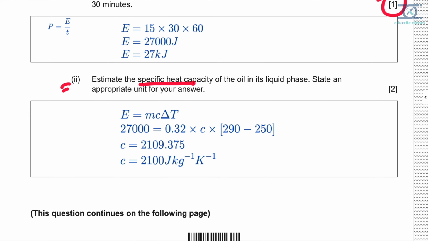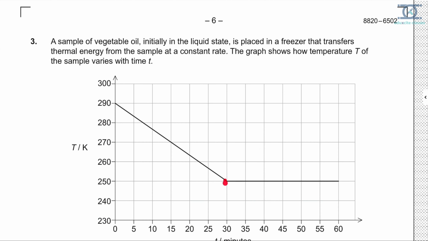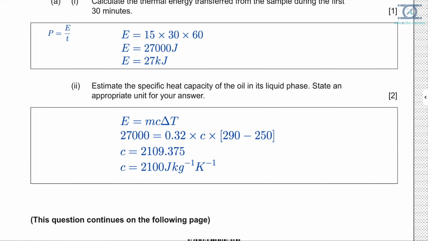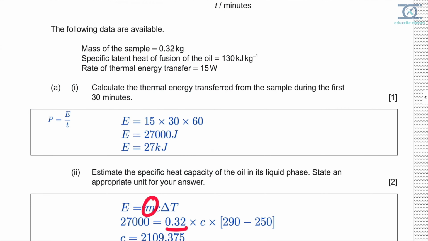Second, specific heat capacity we have to find out for the liquid phase. Okay, so we know that up to time 30 minutes the temperature is decreasing, so it means that it is in a liquid phase. So using the formula E equals mc delta T, E we have already calculated for 30 minutes. Mass is given 0.32 kg.